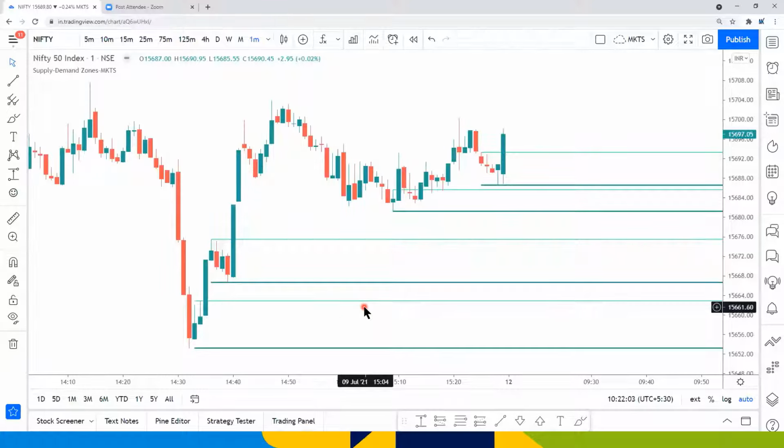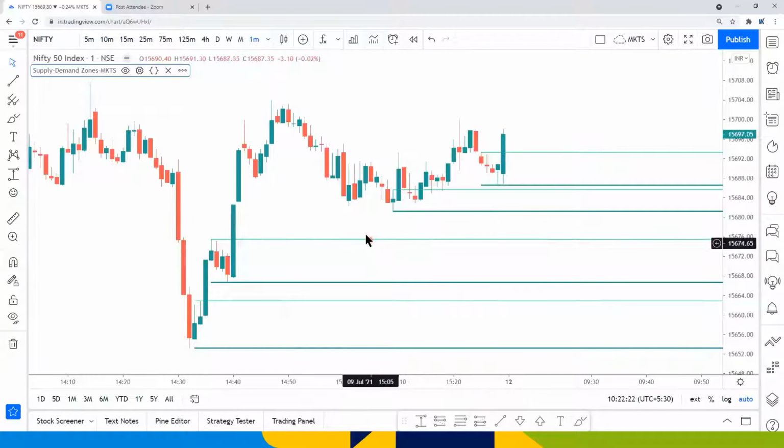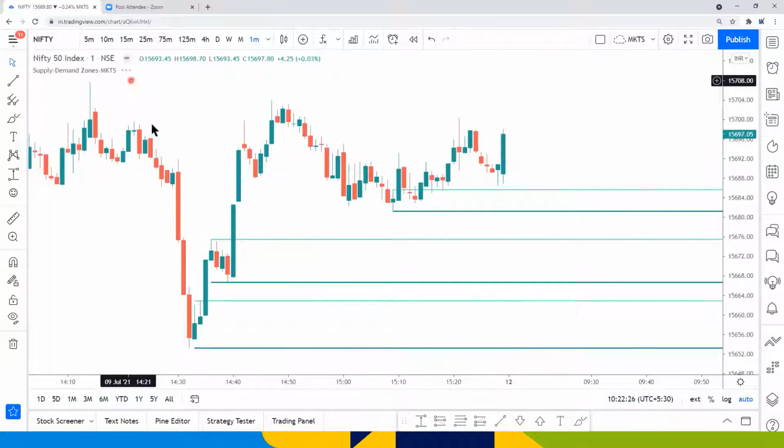Settings, Tapan Mishra: for explosiveness on any time frame that is below 75 minutes, use 1.5. So let's change this to 1.5. It's replotting the zones now, if you see.